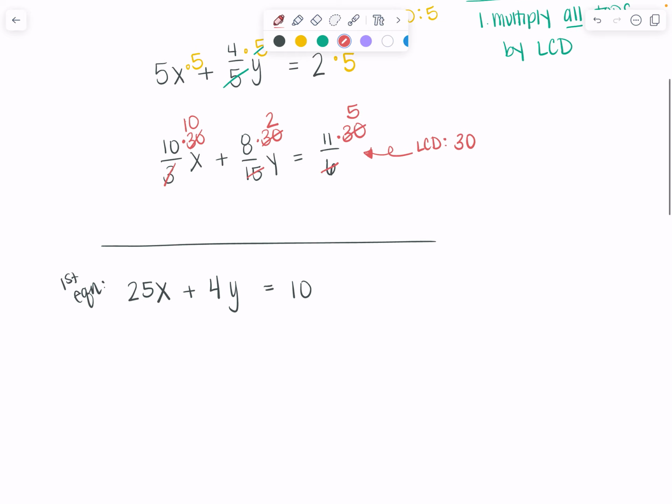So now I need to write this simplified. In the first term, I have 10 times 10 times x, so that gives me 100x. And then the second term, 8 times 2 times y gives me 16y.